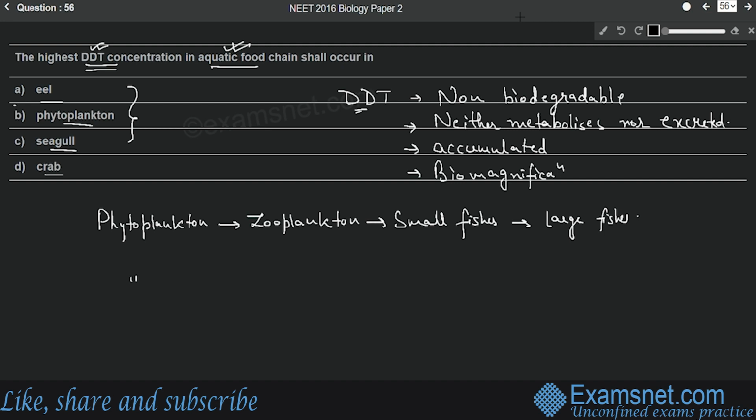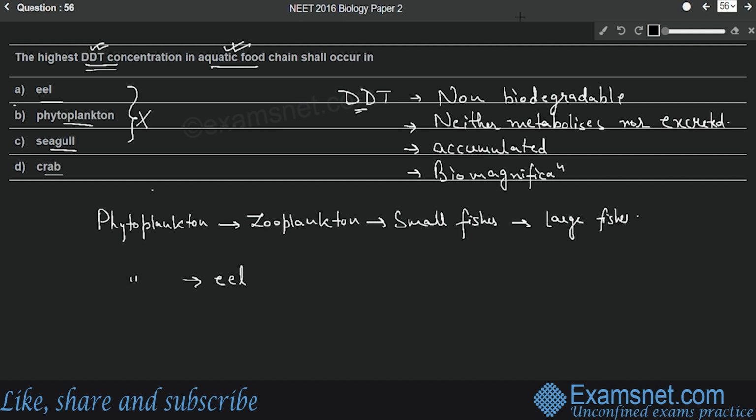So phytoplankton cannot be the correct answer because this will have the minimum amount of DDT. It will go on increasing from one trophic level to the next. So definitely it's not going to be highest in phytoplankton. The next will be eel, because eel is a small fish, so eel will consume the phytoplankton.